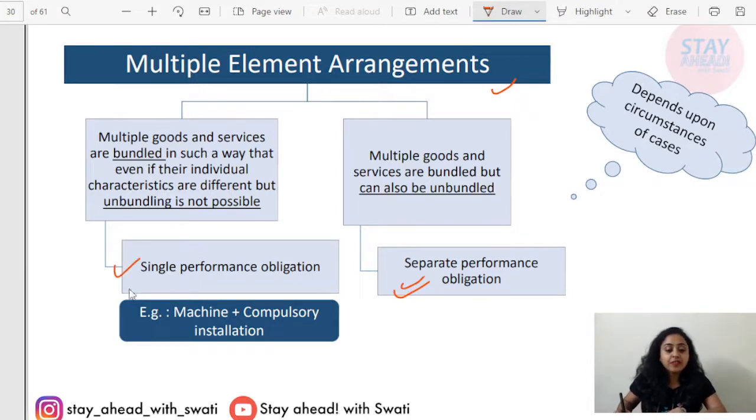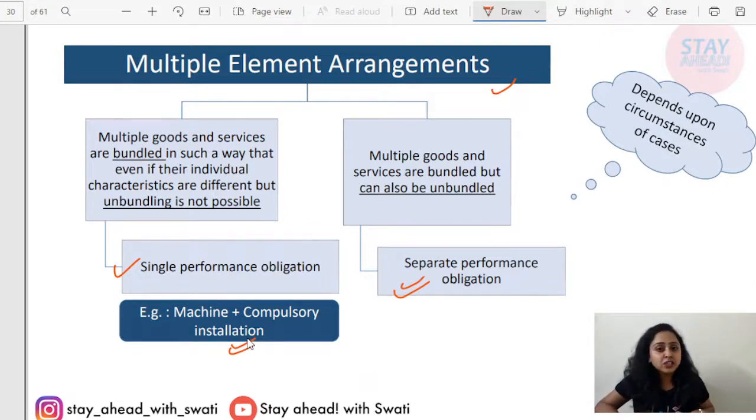For example, a machine and compulsory installation. At times you purchase an AC, for example from IFB company. That company charges you 40,000 rupees for that AC and says the installation is included. Even if you do not get it installed, nothing will be deducted.